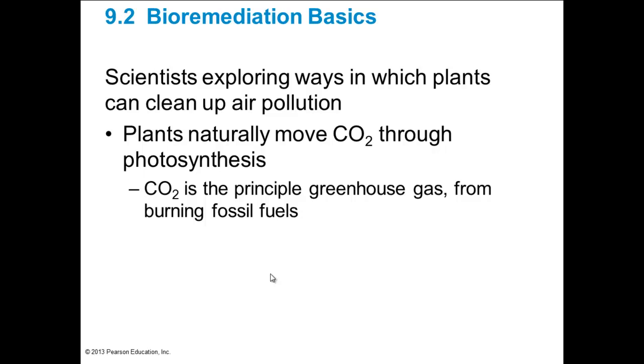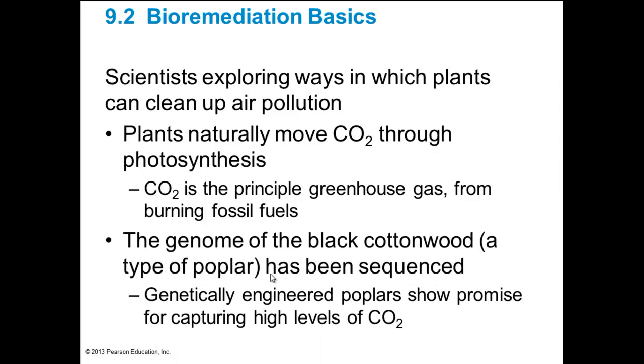Plants naturally move carbon dioxide through photosynthesis. And so it's very interesting that we have greenhouse gas problems, which is an accumulation of carbon dioxide. So one way to remove carbon dioxide from the environment is to plant more plants. And plants like the black cottonwood, which is a type of poplar, which will take up very, very high levels of carbon dioxide.